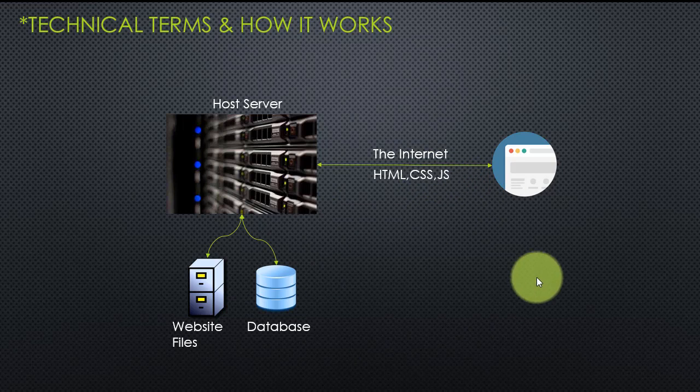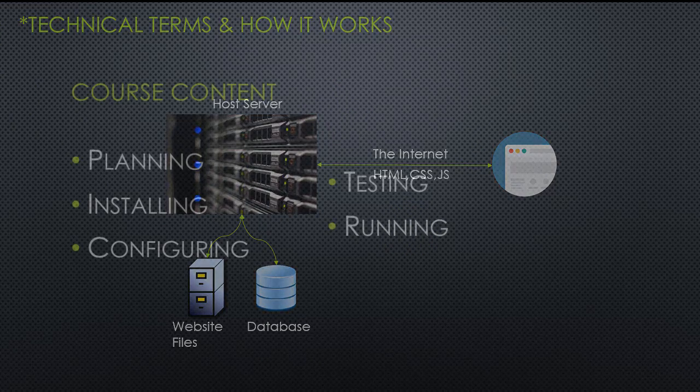So that's the basics around how this all works. So we're going to be getting a host server so that we can be able to do all of this and have your website being served to your customers.